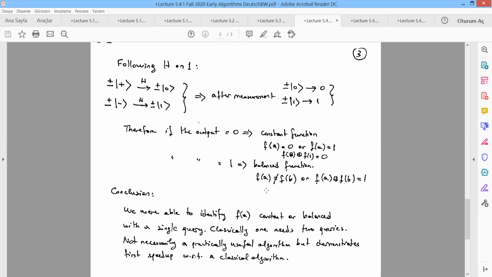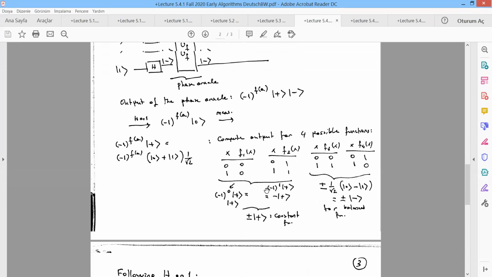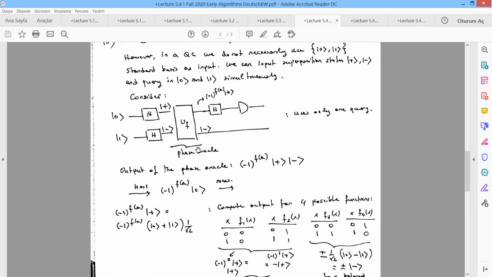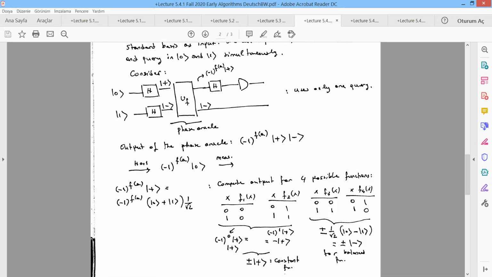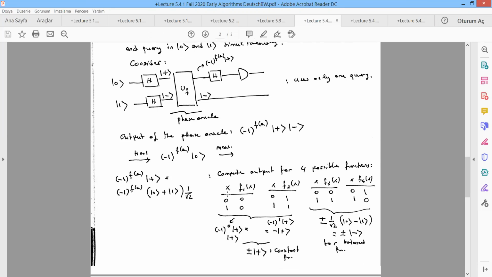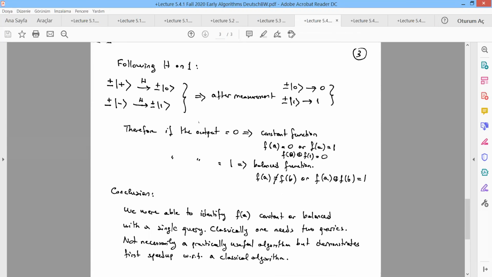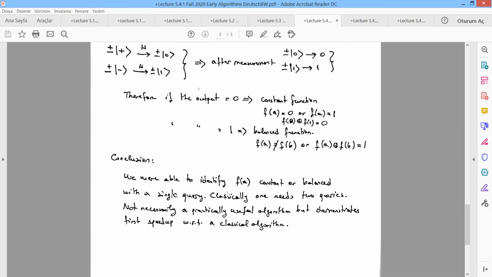So using this circuit, this construct, we were able to classify this function f of x, whether it's a constant function or a balanced function, using only a single query. Classically, we had to have two queries to identify f.